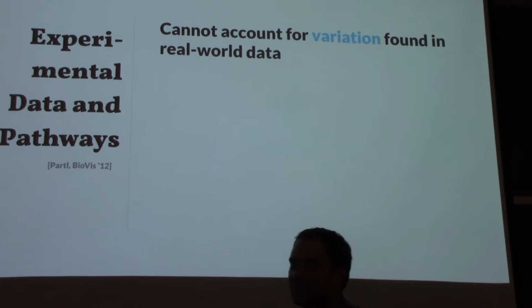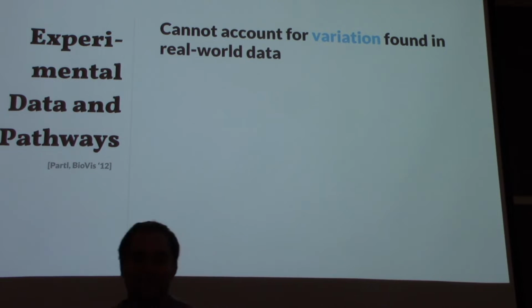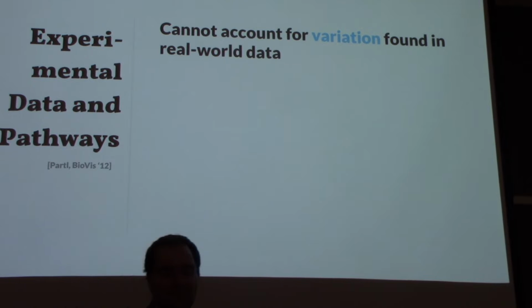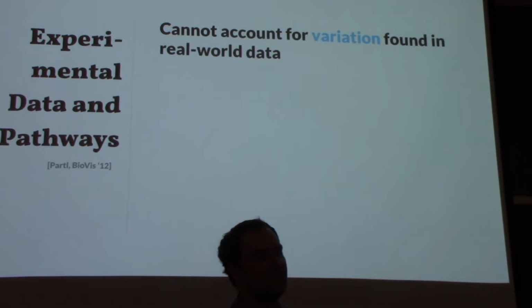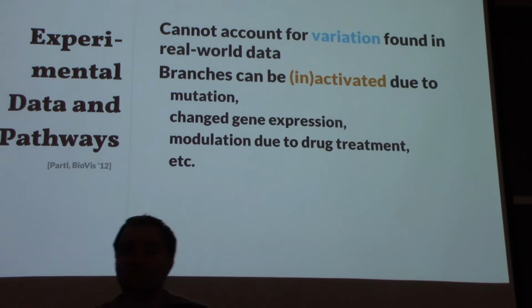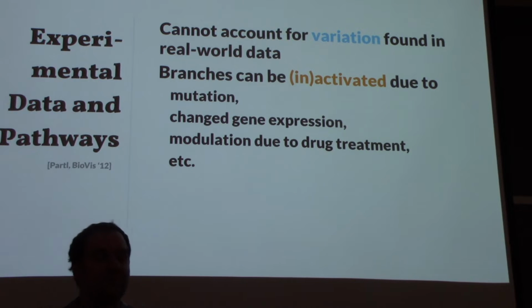Fundamentally, if you have experimental data and pathways, or attributes and networks more generally, you have a problem: for biological networks, these graphs give you a general summary of how something happens in a cell, but you typically cannot account for variation that you find in real life data. So branches in these biological graphs can become inactivated.